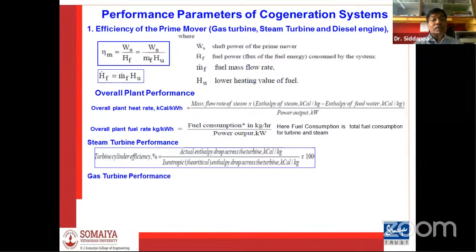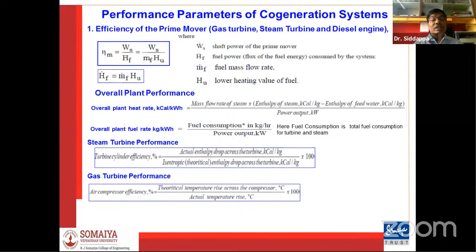Now, similarly, I told you about the gas turbine. This gas turbine unit consists of a compressor, turbine, and a combustion chamber. Here also we are going to discuss the isentropic efficiency of the compressor, the isentropic efficiency of the turbine, and the combustion efficiency of the combustion chamber.